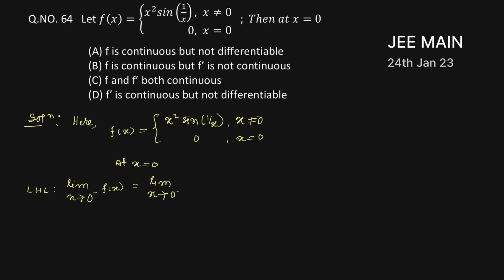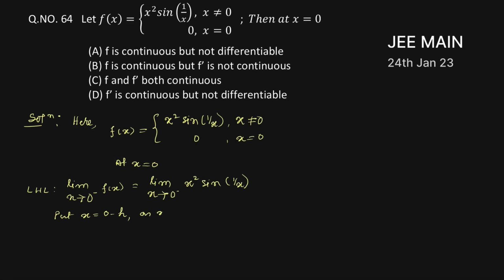That means it's not equal to 0, then we will take the function x square sine 1 by x. Now put x is equal to 0 minus h. h is a small value which is subtracted from 0, so that the value of x comes less than 0.